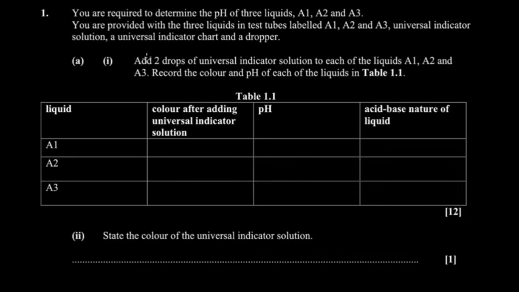Okay, so let's go back to here. Some things that you may want to look out for are that your universal indicator solution should not be contaminated. Obviously, none of the samples should be contaminated. These are 3 liquids, so you must not use the same apparatus for them. If you need a pipette, there's something called a pipette. You can use it for dropping or something else.